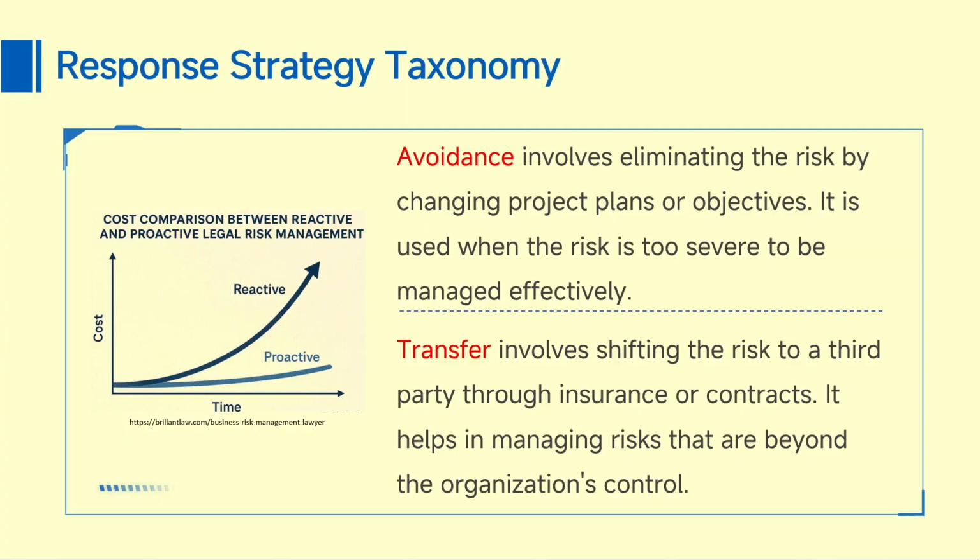This strategy is used when the severity is too high and it could be managed effectively. Second is transfer, where we shift the risk to another party through insurance or contracts. So, this helps in managing risk that is beyond the organization's control. So, those kinds of risk will be mitigated by using the transfer strategy.